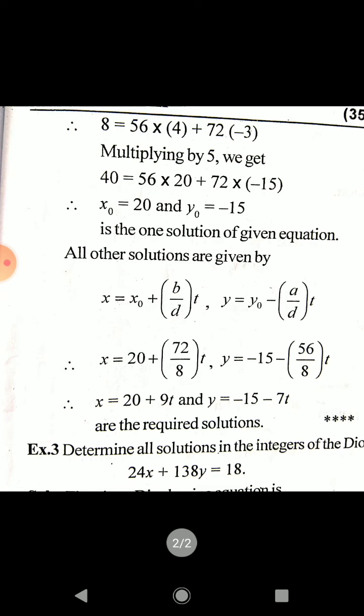You will get the required solution. This is a very simple procedure. Only the calculating part you have to do here.